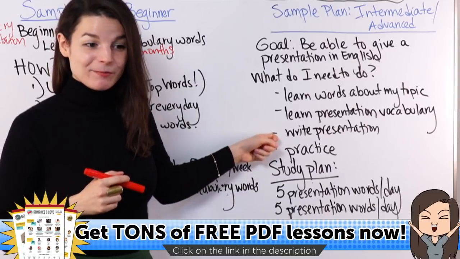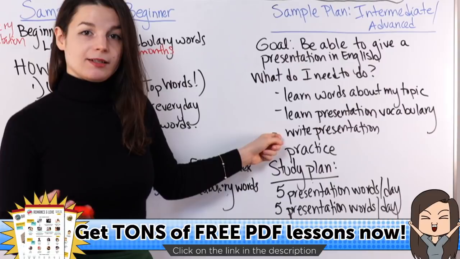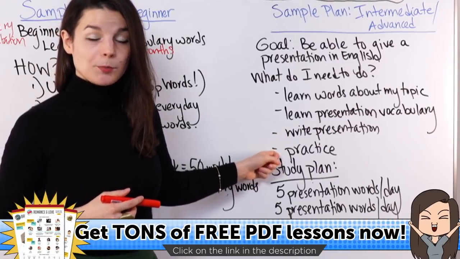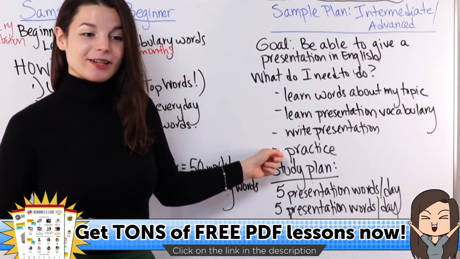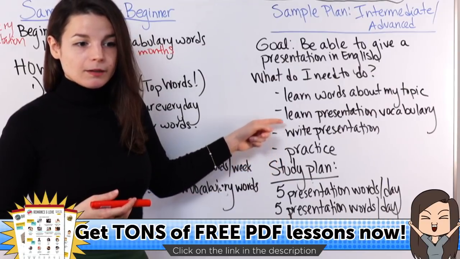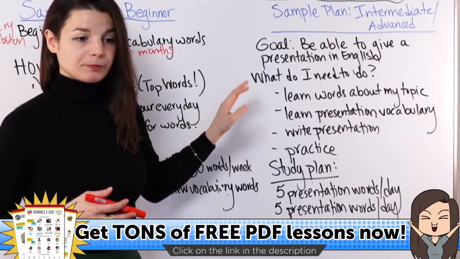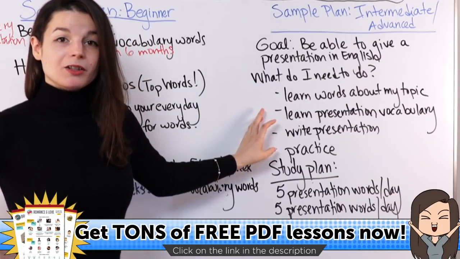And maybe at this step too, you can ask someone to check your presentation to see if there are any errors. This is a great step, I think. Finally, practicing. You need to practice your presentation before you give it. So there are maybe 4 main things to do, and inside each of these are smaller goals.